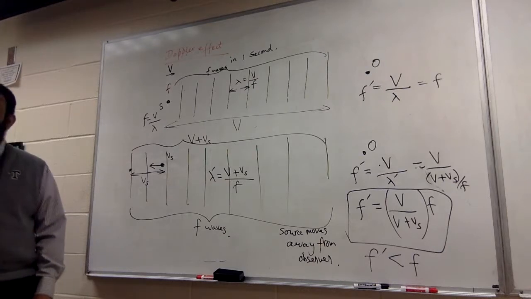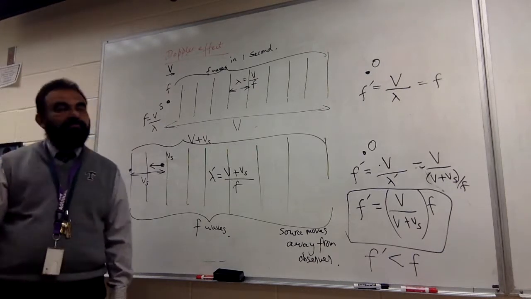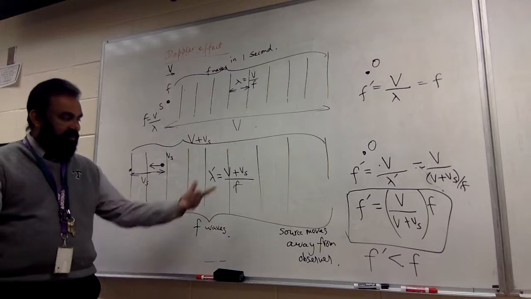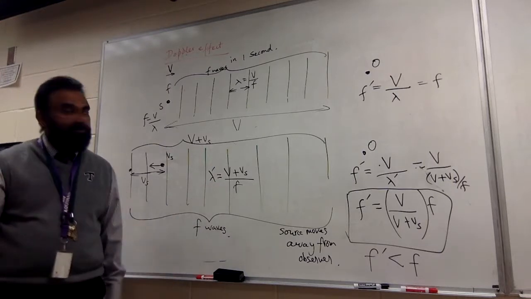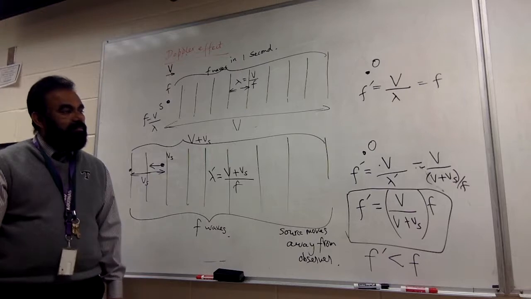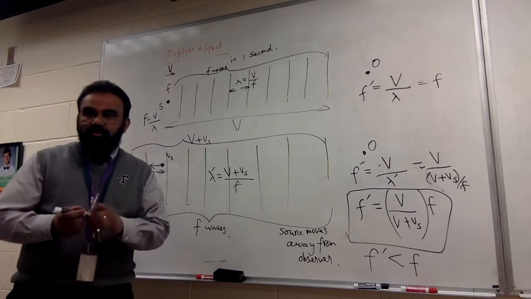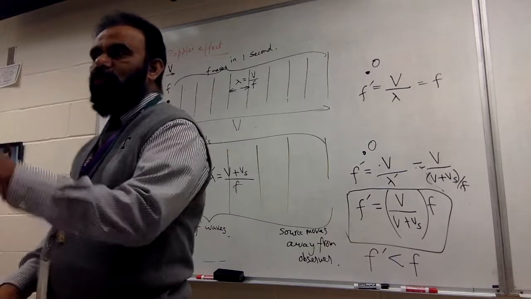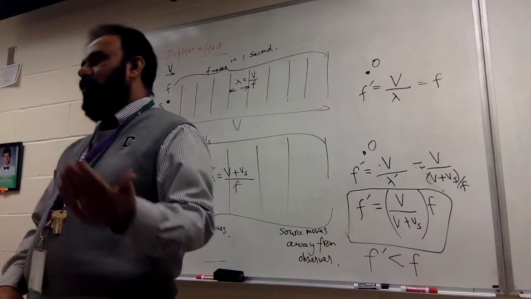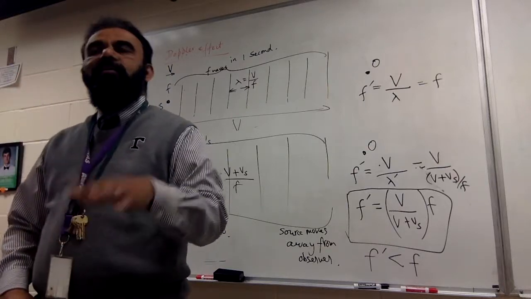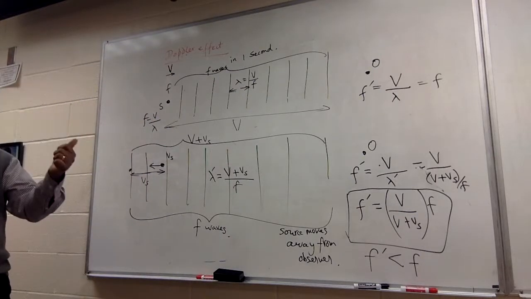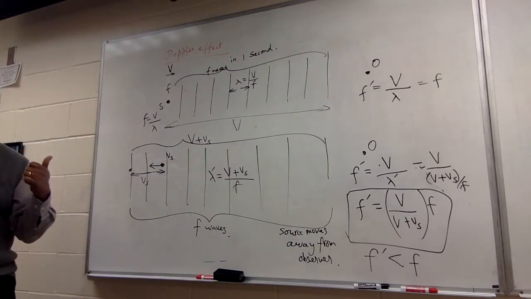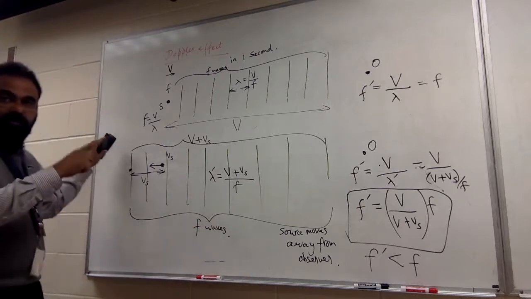Then the frequency as heard by the observer is going to be smaller. Consequence is because of the wavelength getting bigger. So you understand these two situations, what happens when the source goes towards, what happens when the source goes away, right? Now we're going to put the source in the same place. Now we're going to make the observer move. All right. No questions here?